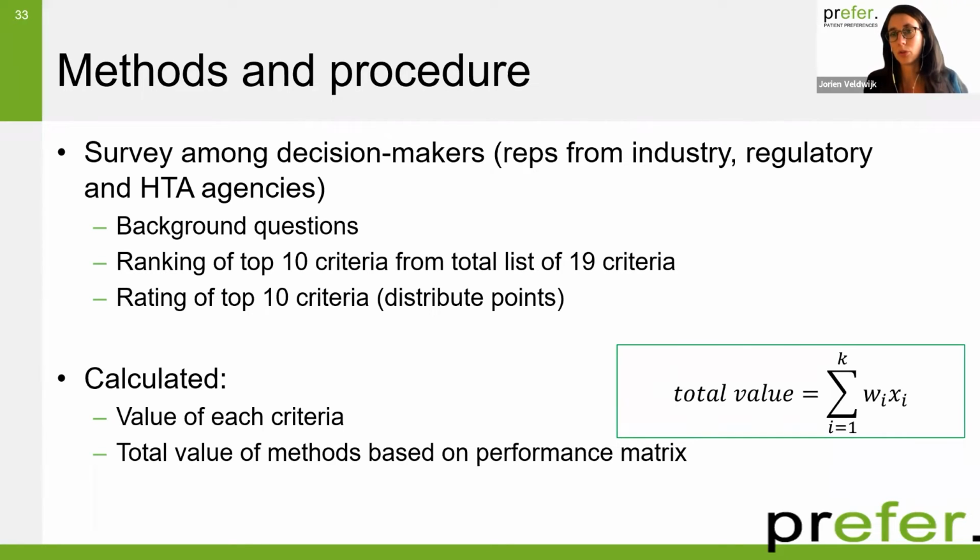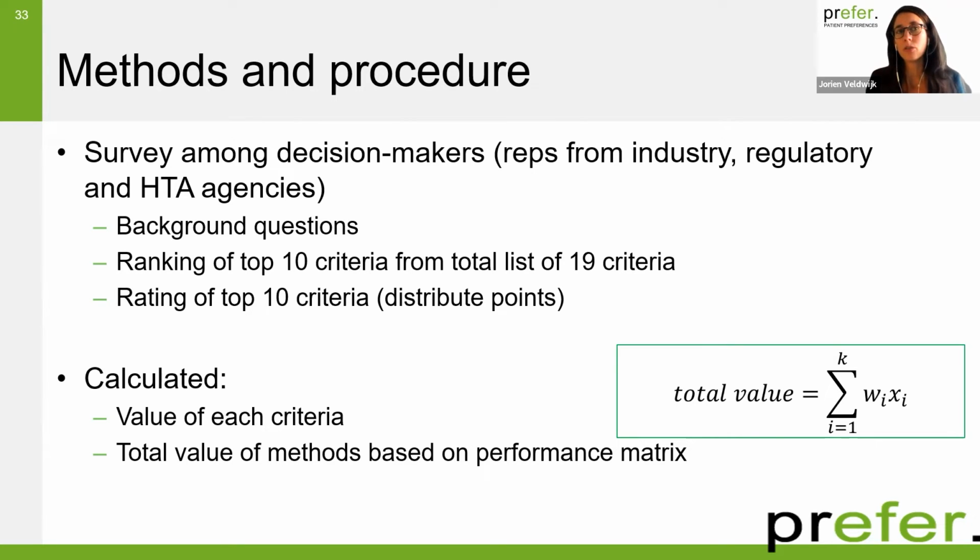And we did the same, of course, for regulators and HTA representatives. We asked them first to rank their top 10 criteria for methods from the list of in total 19. And when they had selected this top 10 of criteria, we asked them to distribute points reflecting how they rate these criteria against each other.